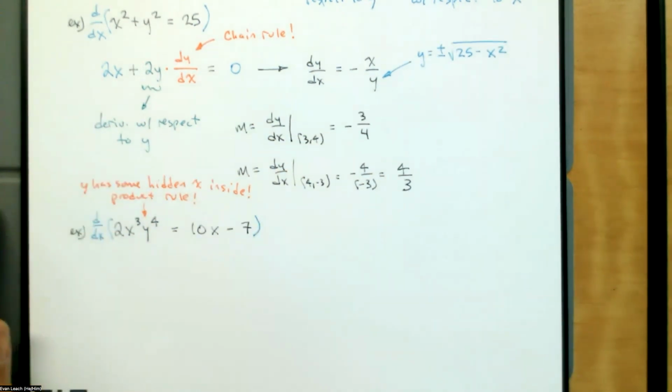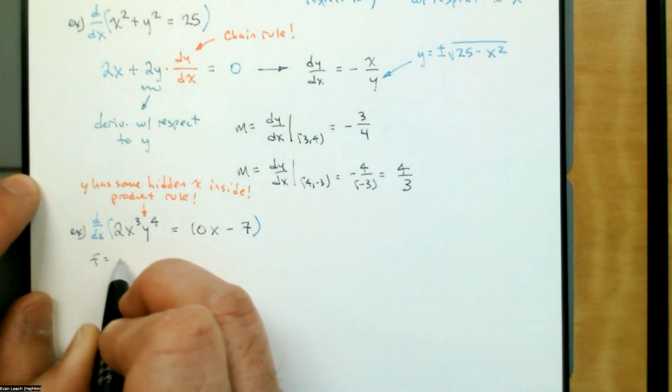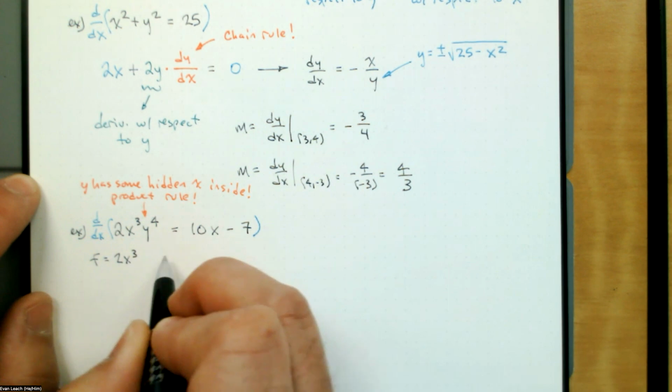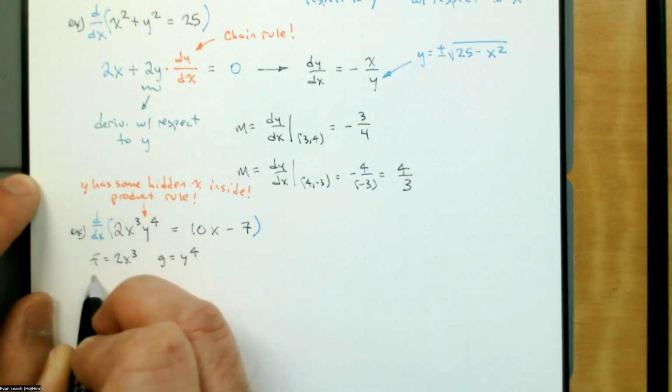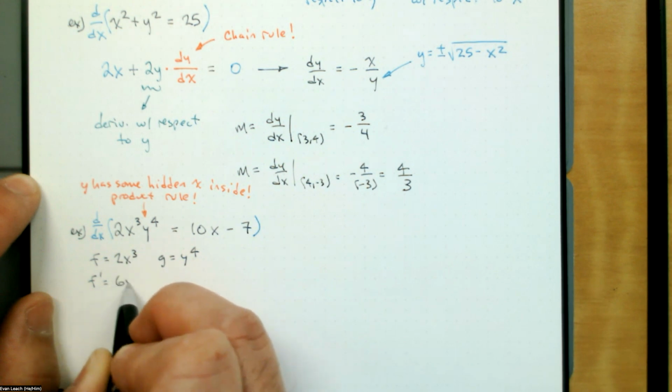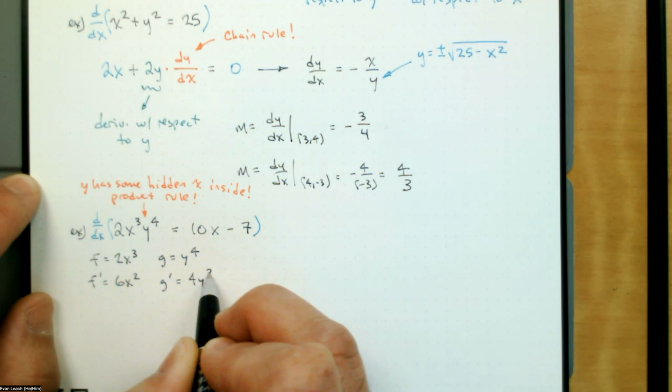So we're going to have to use the product rule. Our first function is the 2x cubed, and our second function is going to be y to the fourth. Our f we can write as 2x to the third, and our g can be y to the fourth. So our f prime, the derivative of the first, will be 6x squared, and our g prime will be 4y to the third.